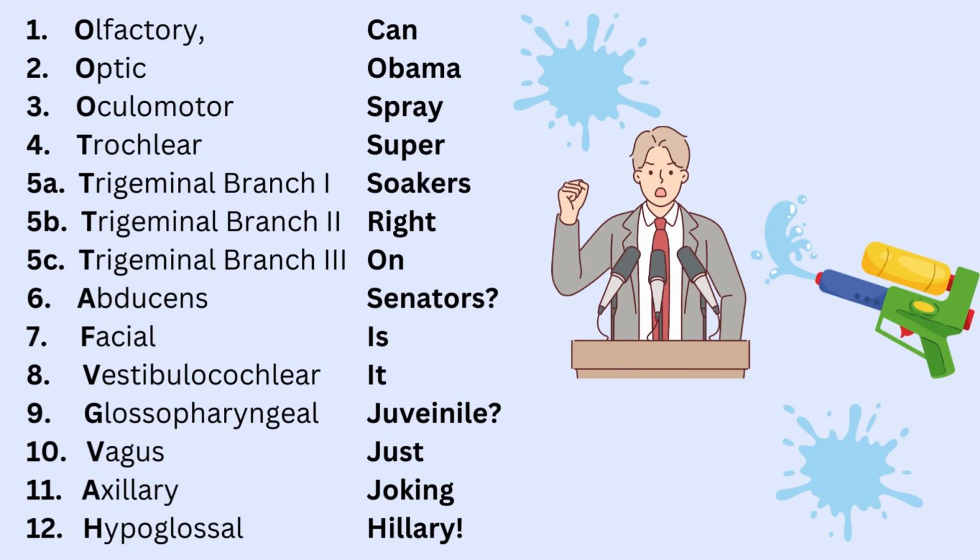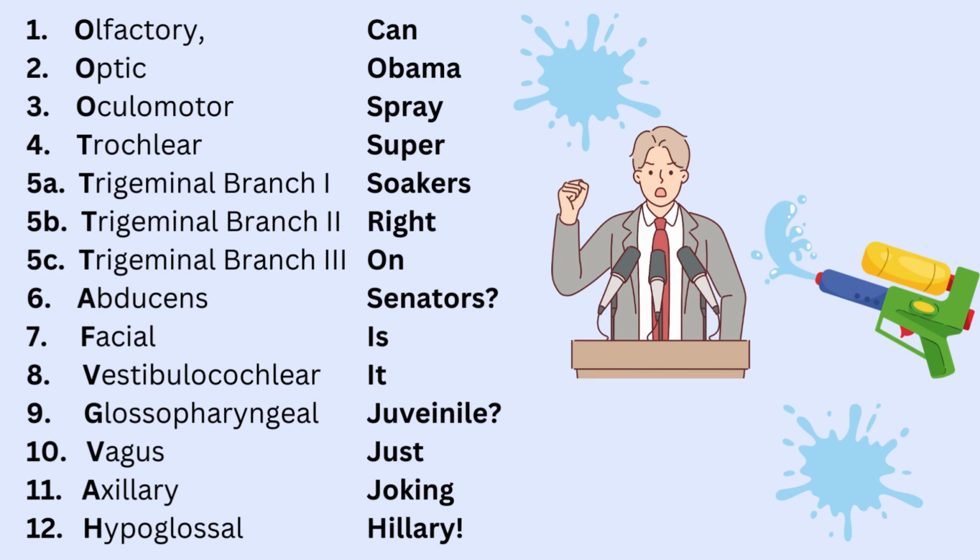This one's slightly more complicated in that the trigeminal nerve has 3 branches, and we do have to write out all 3 when using this mnemonic. So this mnemonic is, can Obama spray super soakers right on senators? Is it juvenile? Just joking, Hillary.